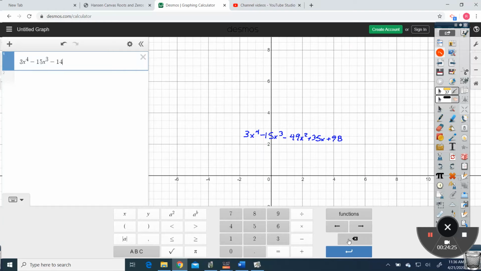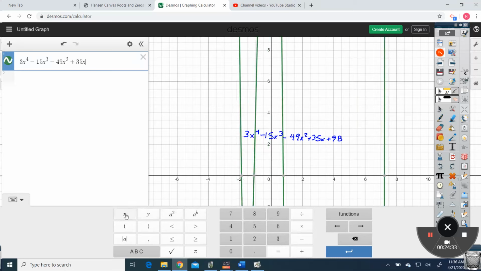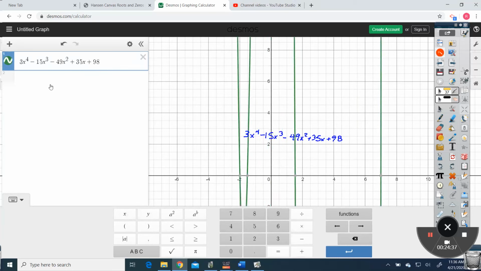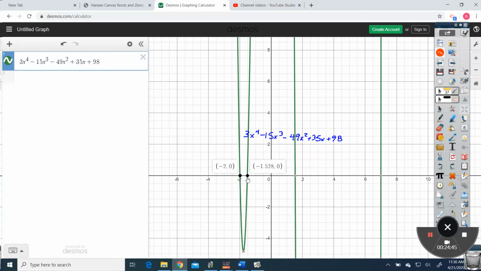So talking and not paying attention to what I'm typing, 49x squared plus 35x plus 98. Make sure those match up. 3x to the 4th minus 15x cubed minus 49x squared. All right, so it looks like it crosses at -2, negative 1.528, 1.528, and 7.